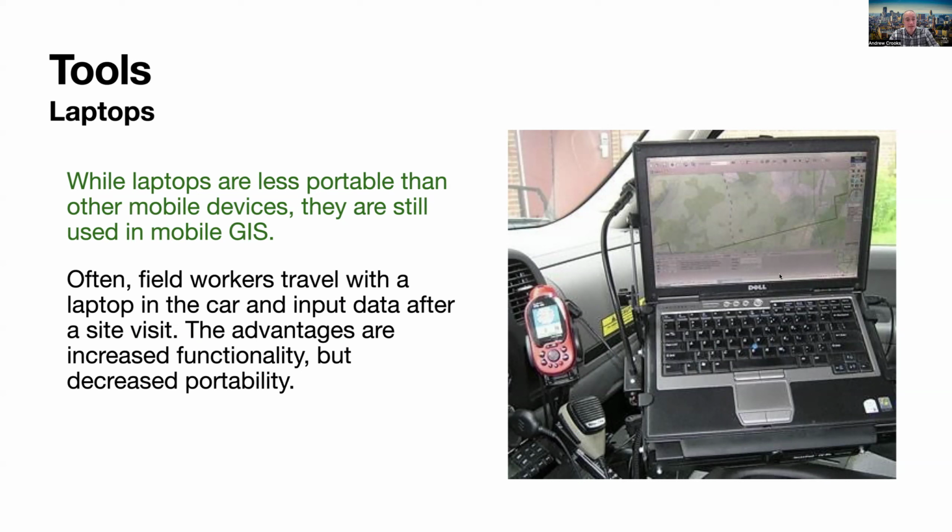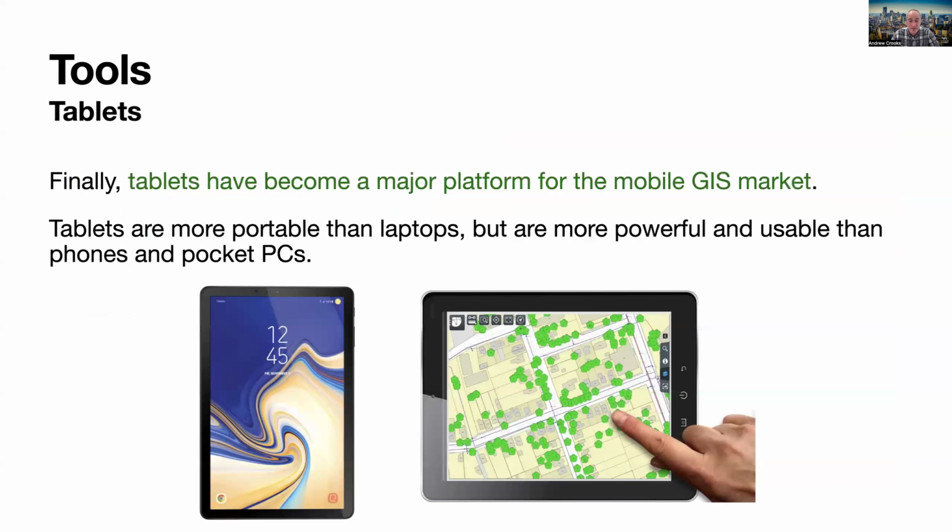The advantages are that they're larger than your phones, with larger screens, and easier to input data because they have keyboards. They're probably more powerful than your phone as well, right? But they're not as portable as your mobile devices. Now, a compromise between the two would be something with a larger screen and more power, which is your tablet. Tablets have become a major platform in the GIS and mobile GIS market.